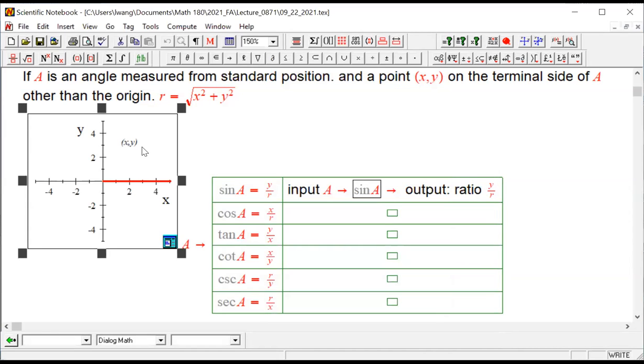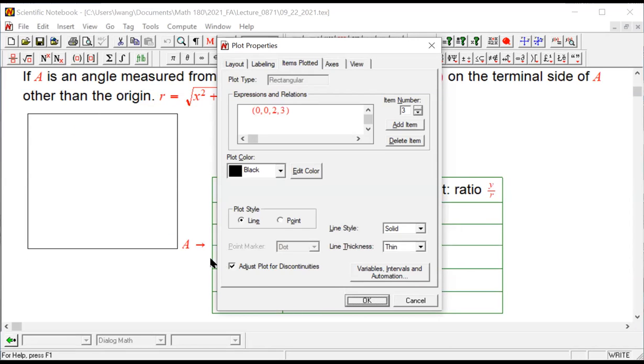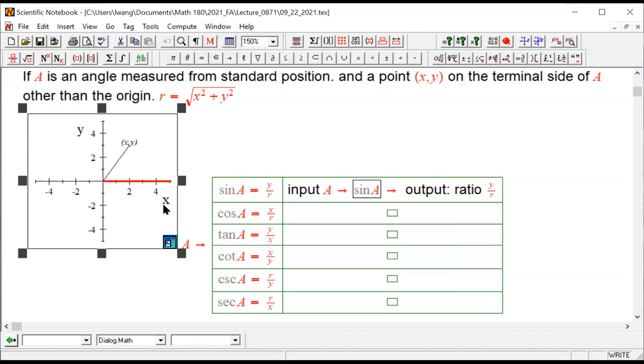There's a point there, okay? And the line, so this is a terminal side. We're going to put a terminal in place. Of course, I can make it longer.